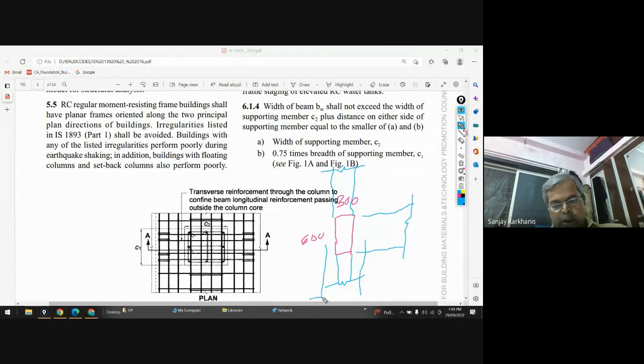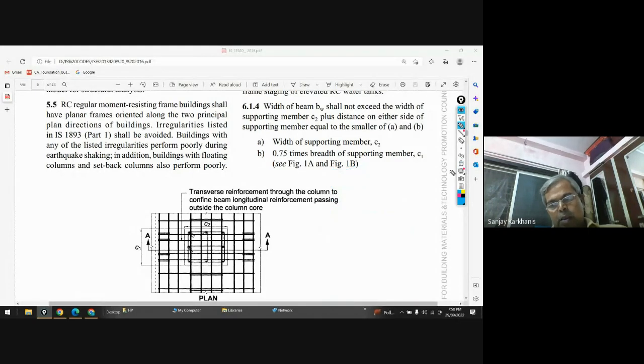I will call this BW. So I need the width of the beam BW, which exceeds the width of the column. In that case, what should be done? How will this beam rest on the column? For that, this is the provision that the code is saying. Okay, clear?